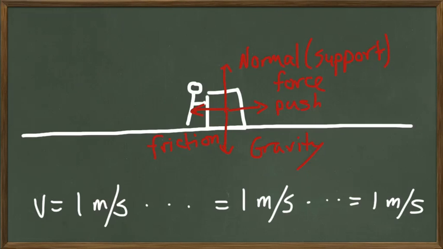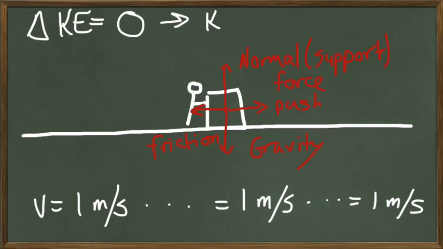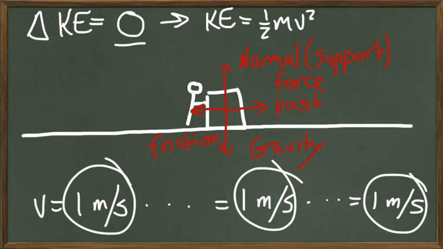Now, what's the change in kinetic energy of the crate? Well, it's 0. Now, how do we know this? Well, kinetic energy is equal to 1/2 mv squared. And if our speed is always 1 meter per second, then there is no change in speed, and so there is no change in kinetic energy.